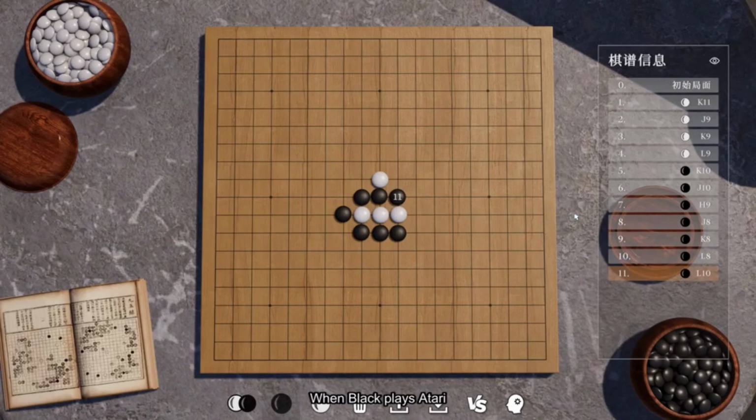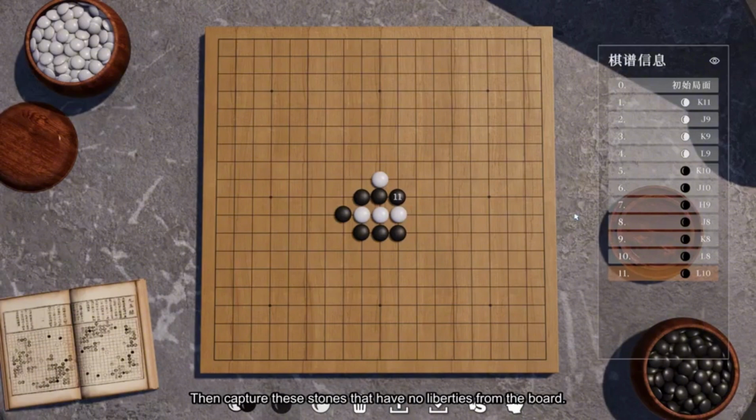When black plays Atari, assuming white doesn't try to save these 3 stones, this will result in capturing stones. The definition of capturing is that one side surrounds one or more of the other side's stones and blocks all of their liberties.